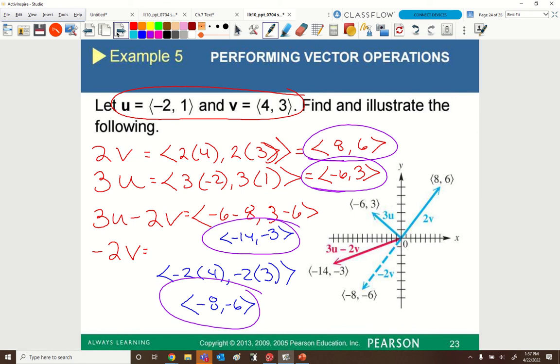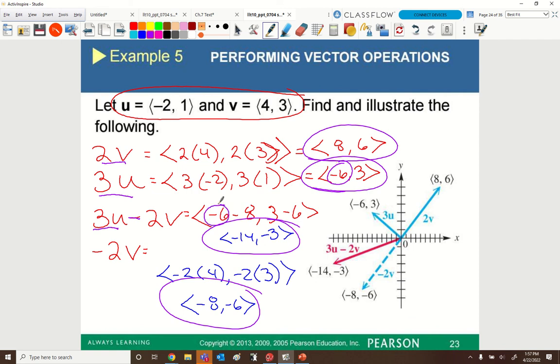What does this say? 3u, which was this, right? Minus the 2v, which was this. So I took my x direction, right here, and I subtracted from this one here. So that's where I got the -6 where it goes there.